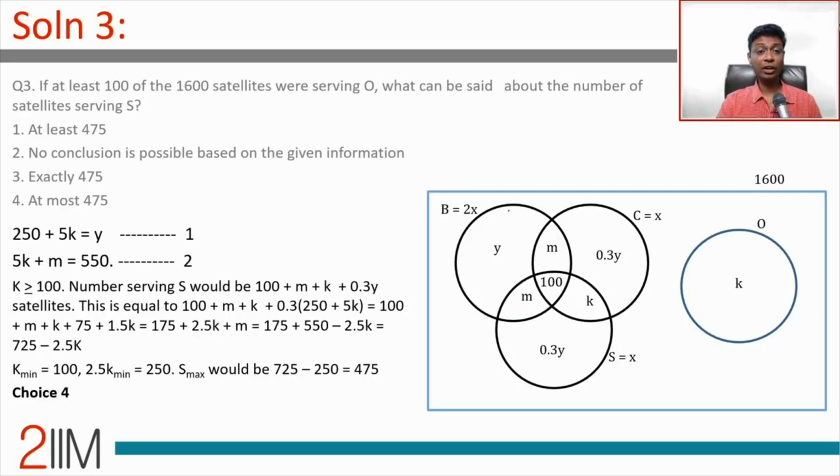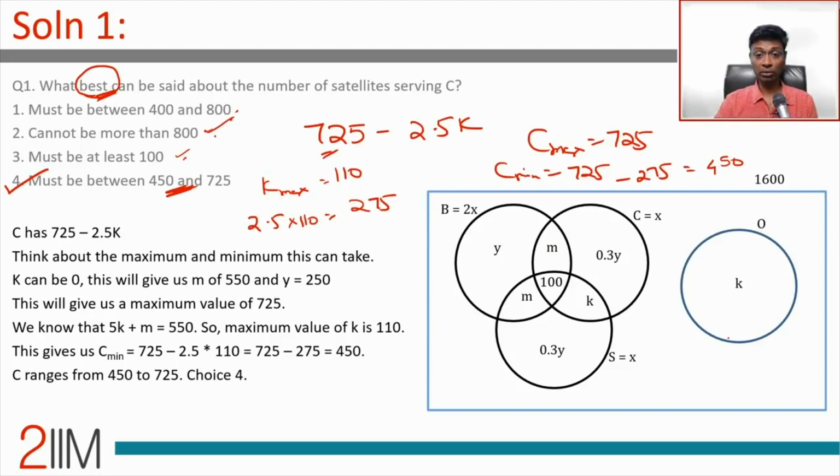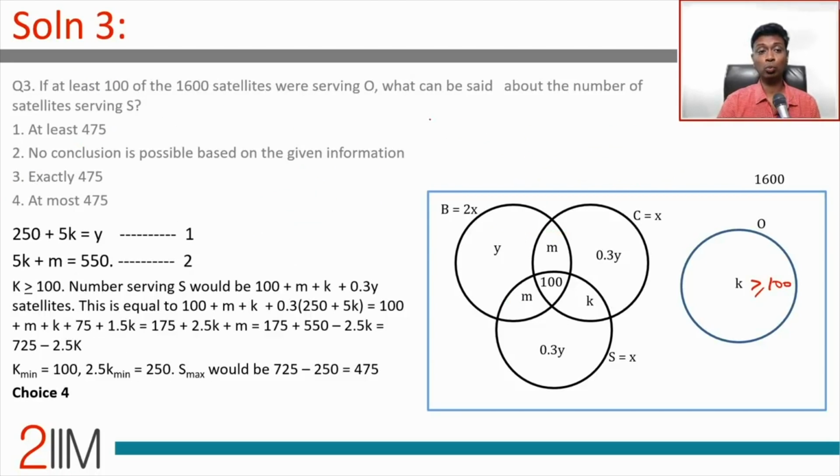If at least 100 of the 1600 satellites were serving O, what can be said about the number of satellites serving S? We know K is greater than or equal to 100. Fine, that much we know. S, we've already found the expression for S because we found it for C. C and S are the same total number, 725 minus 2.5K. We know that K is greater than or equal to 100.